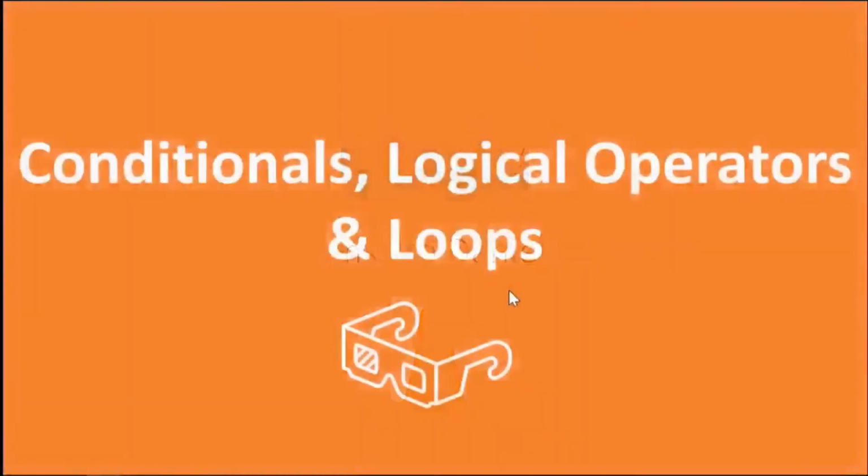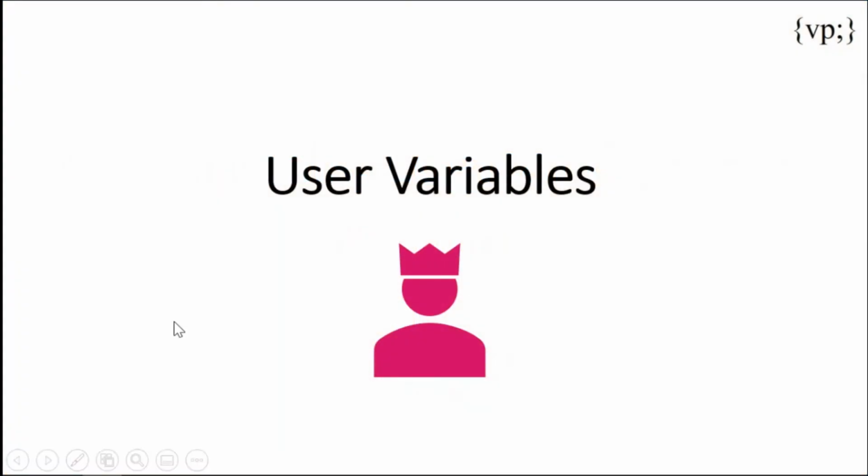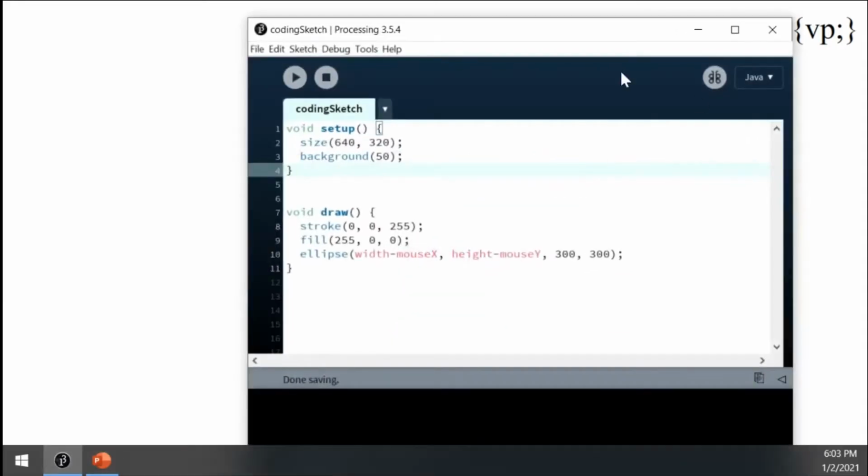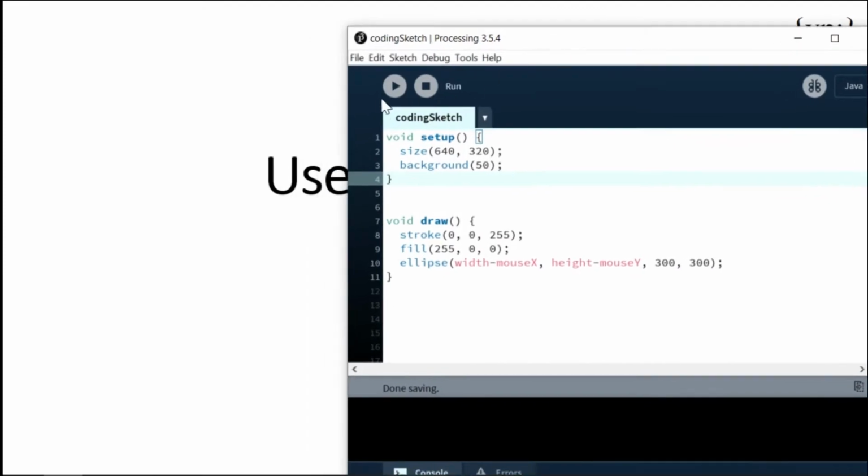And now that we got that, let's get into the topic of what we're learning today. What we're learning is conditionals, logical operators, and loops. So the first thing that we're going to take a look at are user variables. If I switch on to my coding sketch, here's what we have so far that we left off from last class.